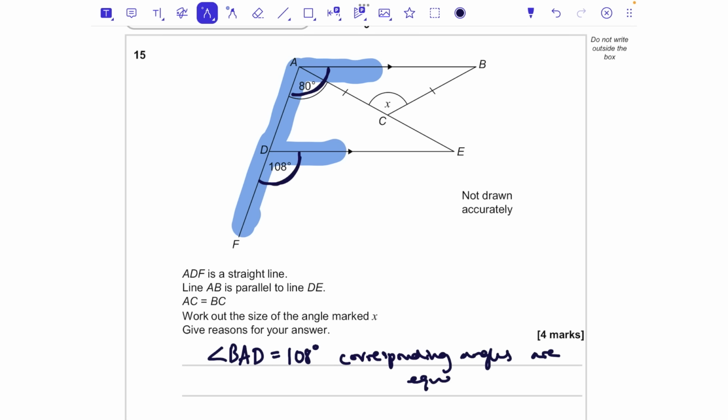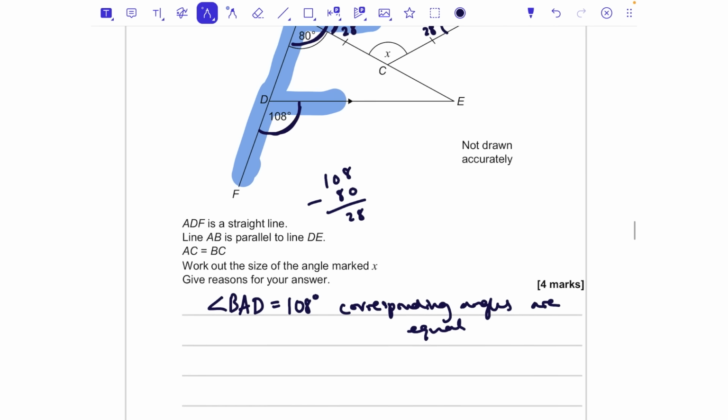And if I know that that is 108 all the way, then this bit here must be 28 degrees because I've done 108 take away 80. Now, that's an isosceles triangle at the top. So if that one's 28, then this one is also 28 because base angles in an isosceles triangle are equal.